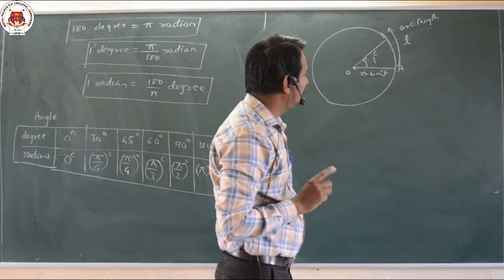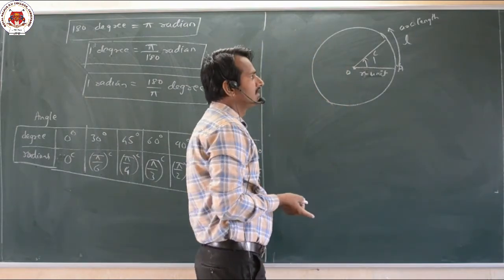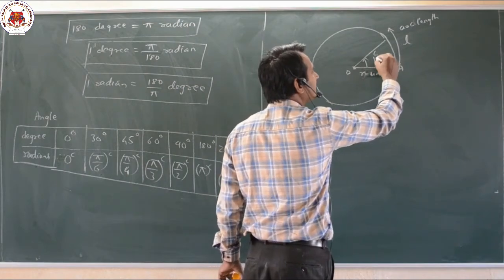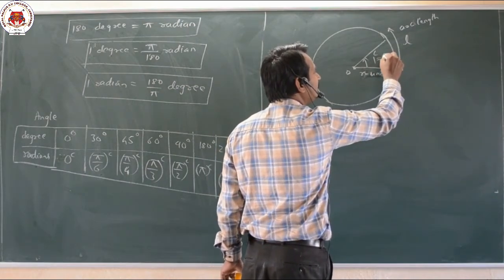Now how do we define 1 radian? It is an angle, and I will define the angle in terms of theta.